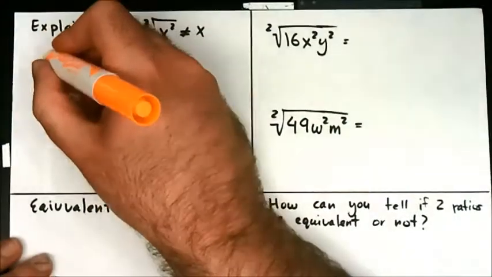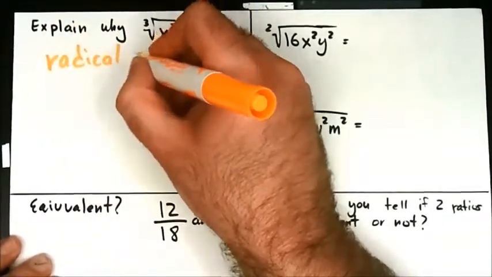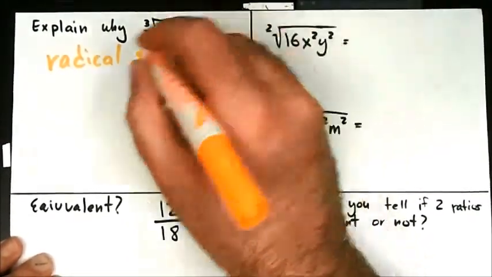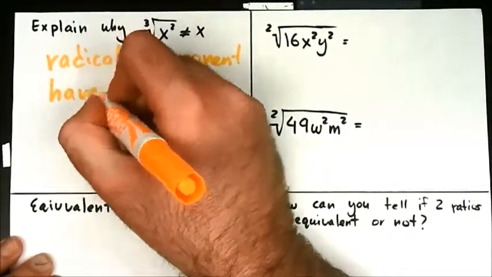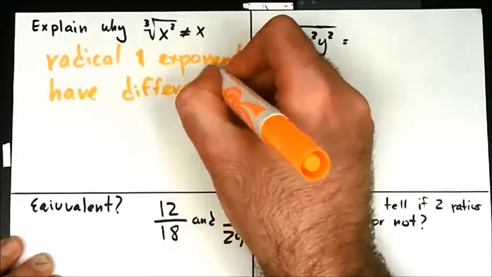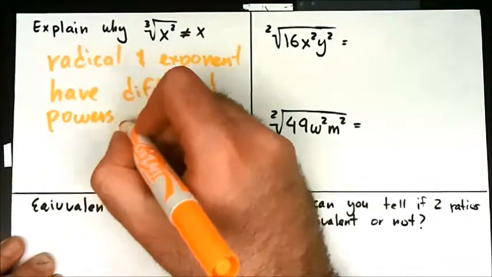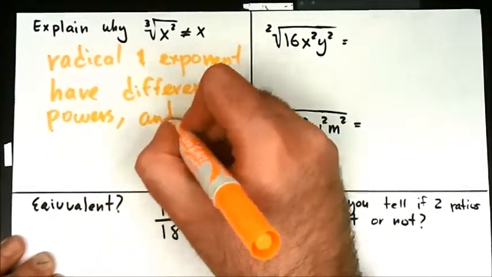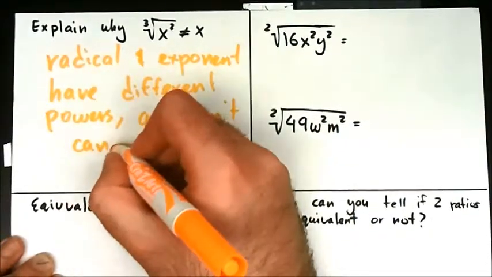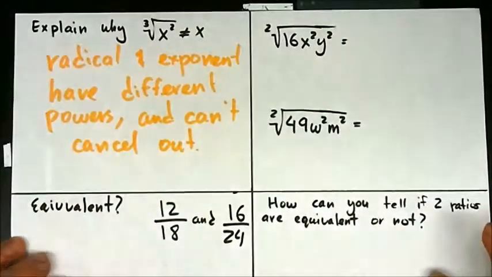So you can say that the radical and exponent have different powers, and will not cancel out, and cannot cancel out. There you go. Easy peasy.